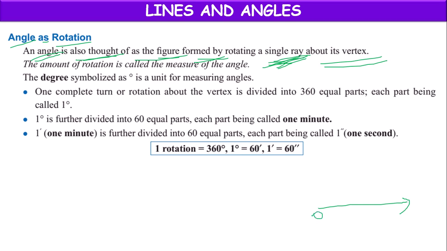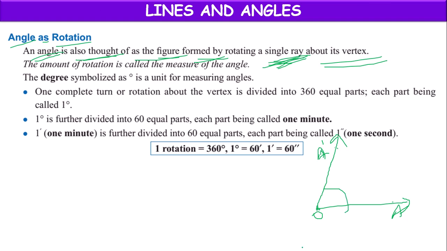If this is the OA ray, and it is rotated up to here about this vertex O, now this point A reaches a new point A dash, then this is the angle of inclination.